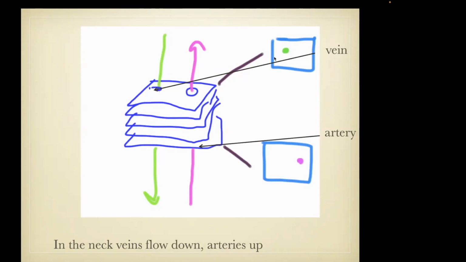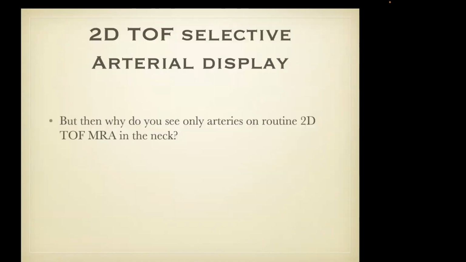And on this slice, we would expect to see high signal intensity in the jugular vein, while on the lowermost slice of the sections, we would expect to see flow-related enhancement in the carotid artery or vertebral artery, but not in the jugular vein. So on the lowest most slice, we should see flow-related enhancement in the carotid. In the uppermost slice, we should see flow-related enhancement in the vein. So this is how flow-related enhancement works.